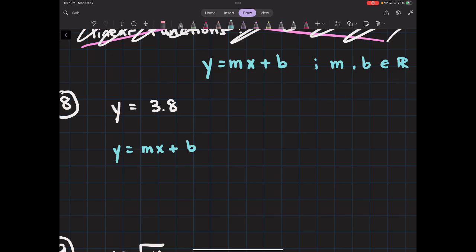So m, which is your slope if you know it at this point, and b is your y-intercept if you knew that as well. They're just numbers, real numbers. Any number you guys know right now, that's what it is.